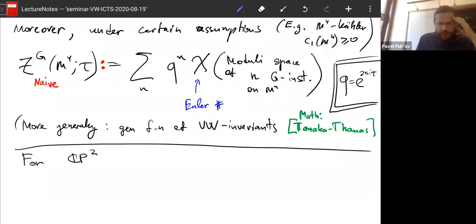So, what happens if we just apply this formula naively for CP2?